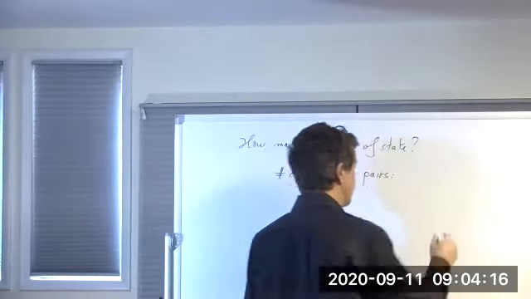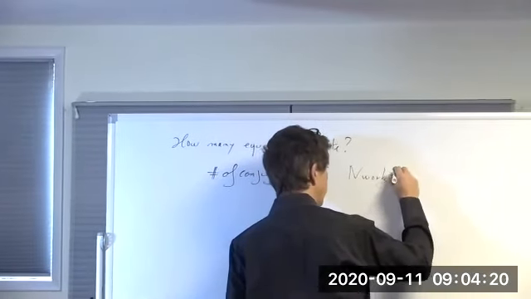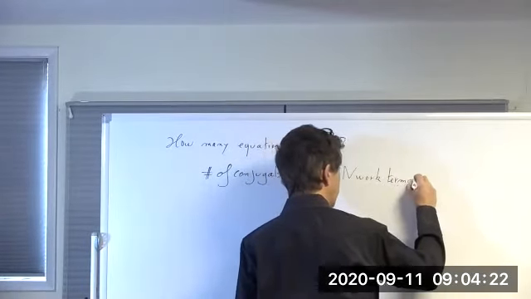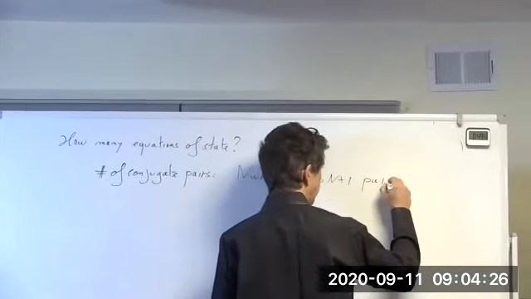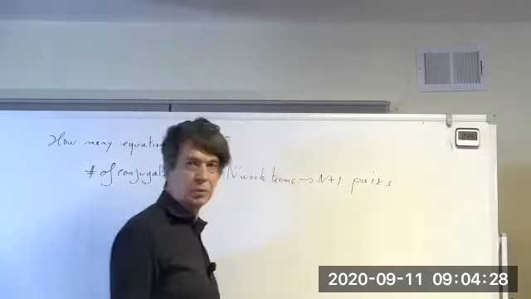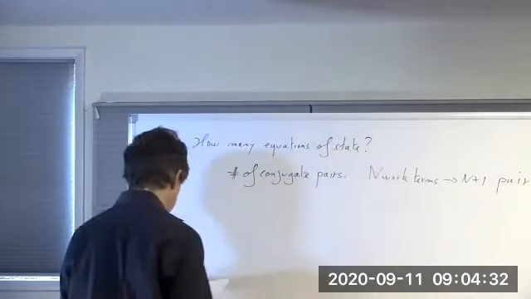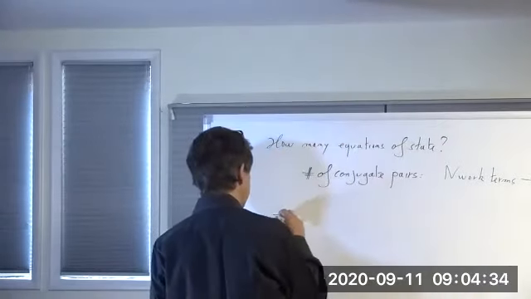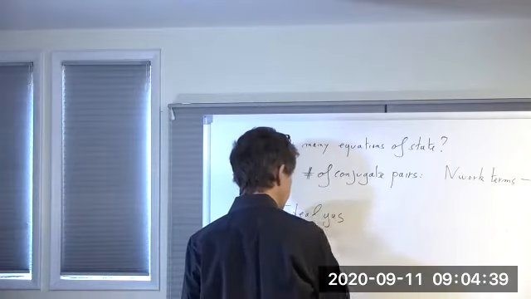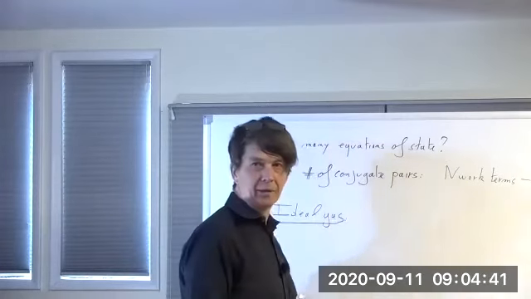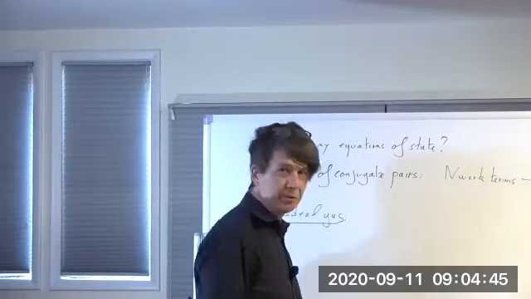So as Louis said, it's exactly that, right? If I have n work terms, then I have n plus 1 conjugate pairs because I have the TS pair, right? And then I have n plus 1 equations of state. Okay, that wasn't a twister. So what about an ideal gas? If I believe what I just wrote down and what Louis said, how many equations of state should there be for an ideal gas?